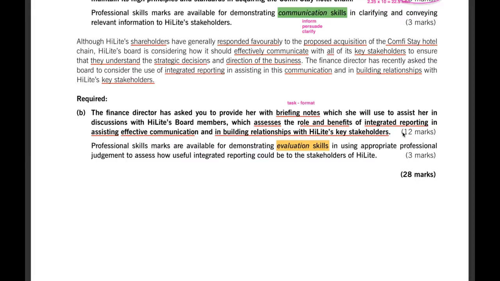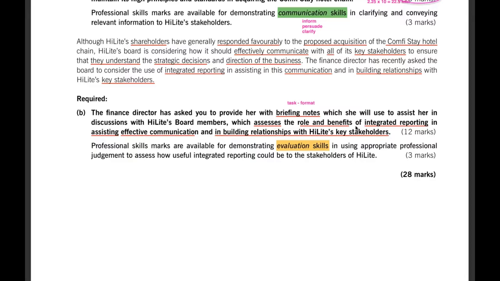Aim for tutored. All right. At least you write something, even if you don't know what the answer should be, at least a rough idea on what integrated reporting is and how it would actually be helping them. Try not to leave any answer blank, without any answer. Try to answer the question.